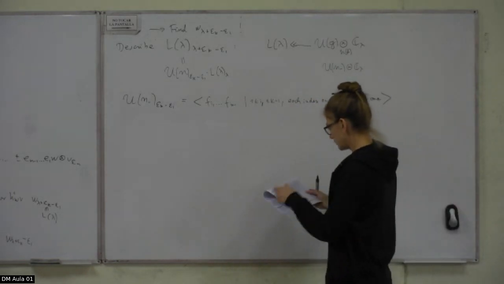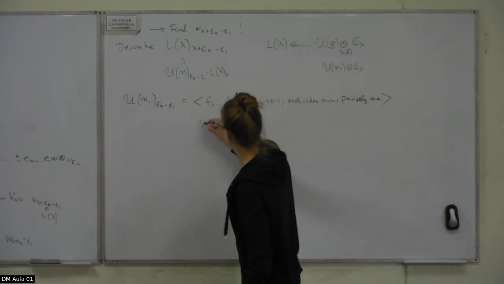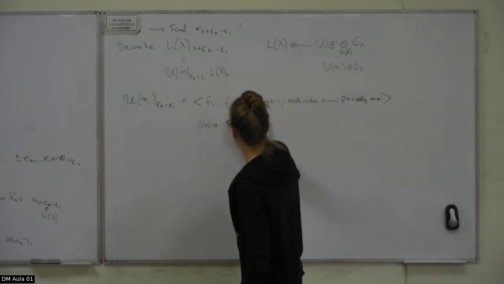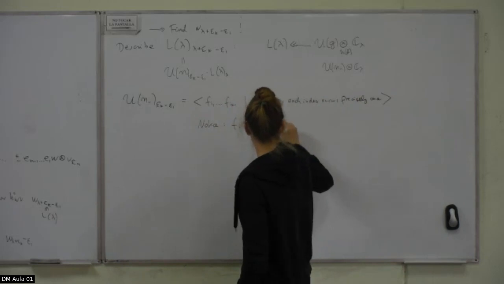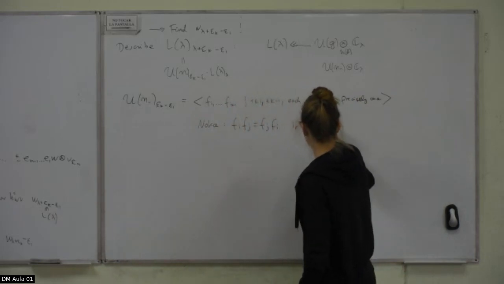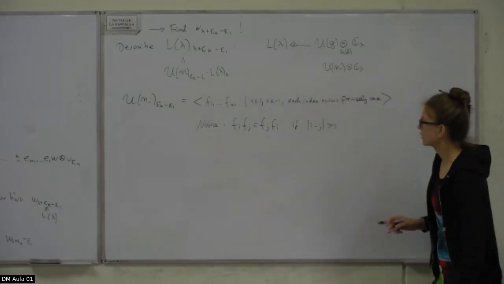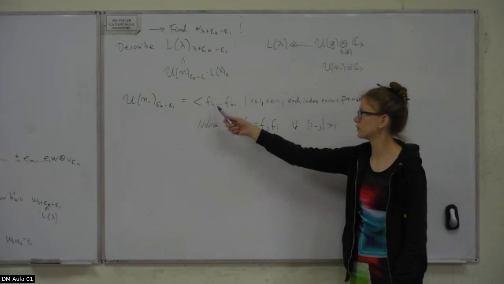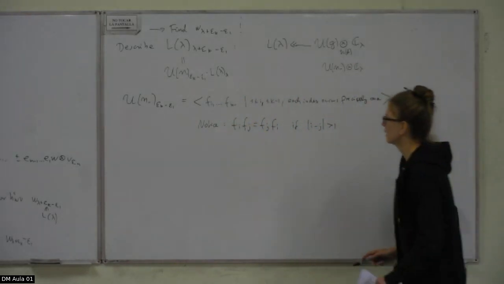Now notice that f_i and f_j commute if the indices i and j are far apart. So actually we will have done quite a lot of overcounting if we just look at these. Maybe we can do it better.